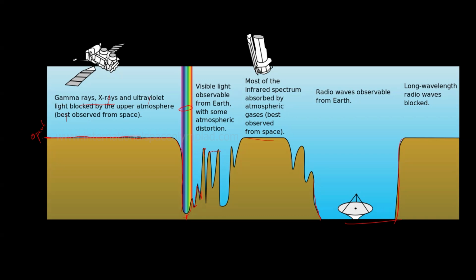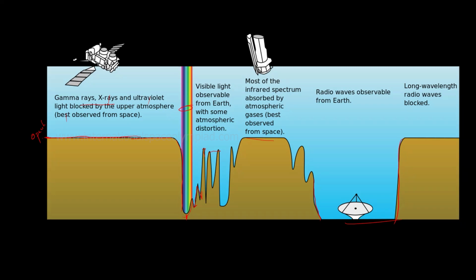Maybe if gamma ray and X-ray were reaching here, some other kind of life may have evolved. We don't know. Anyway, this is actually a boon for us, but at the same time, for astronomers, we cannot place a gamma ray telescope or X-ray telescope on the surface of Earth. Even if we make something like that, we cannot put it on the surface of Earth.